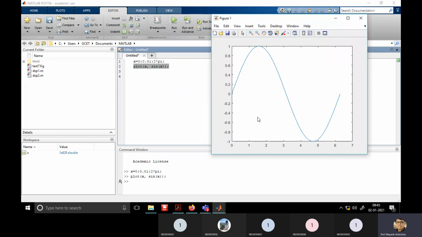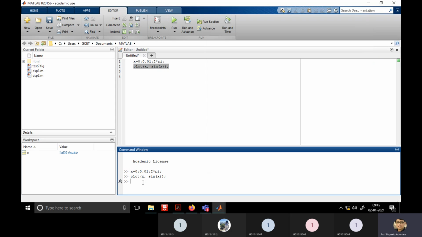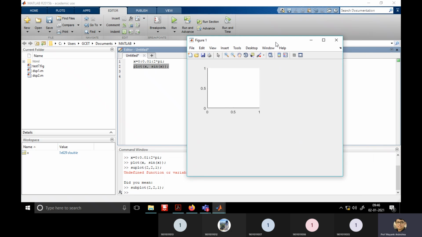If you visualize this, it will display one figure using the plot command, and you can see one sine wave generated. Same case if I plot this command using the subplot, which has 2 comma 2 comma 1. So you can identify this figure, which is a subplot.